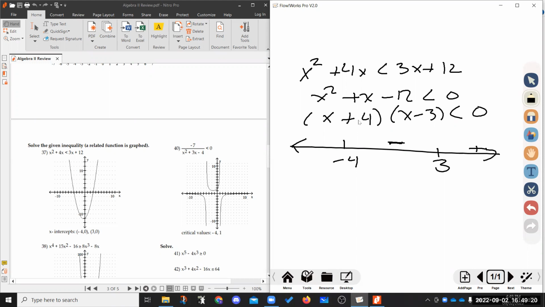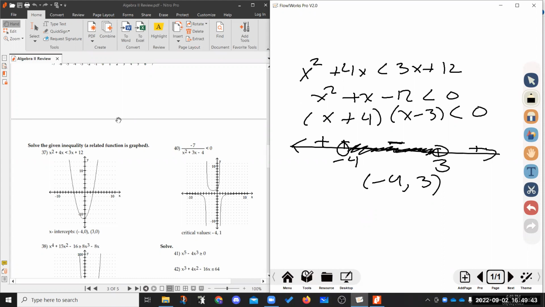Once I cross -4, this one's also going to change sign, which will be a negative times a negative is a positive. I want my answers that are less than 0, so I don't want to include the zeros, and I want to shade in between. So my solution set is -4 to 3 in interval notation.